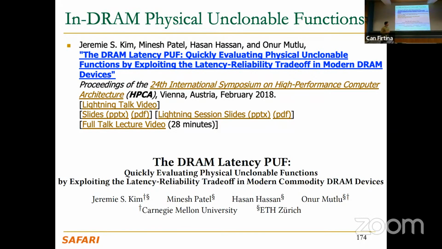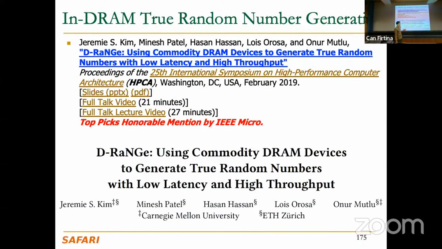For example, physically unclonable functions that are pretty useful to identify devices, or random numbers. In DRange, the basic idea is to play with the DRAM internal timings and the way that we access rows. By accessing them in a weird manner, we are able to generate random numbers. We will for sure cover this in detail as well.